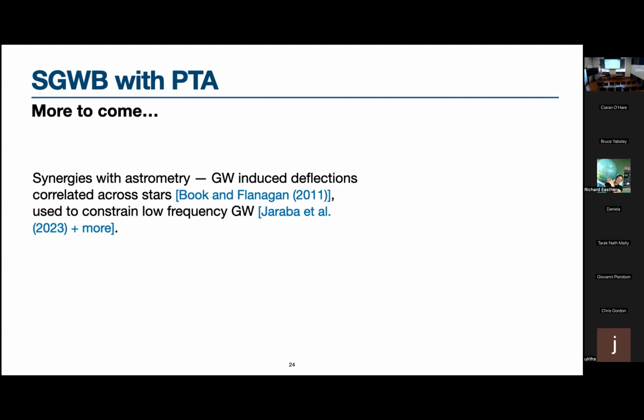The correlation follows a particular pattern, the same way that in pulsar timing arrays you have the nearly quadrupolar Hellings-Downs curve. You get something similar here, but it's a bit more complicated because you're dealing with positions, not just scalar functions. And this idea has already been used to constrain low-frequency gravitational waves in this paper as well as several more.